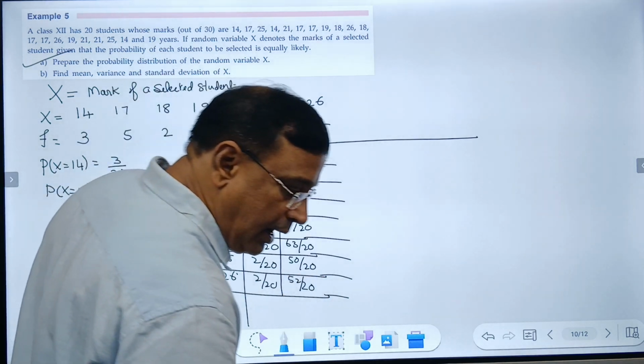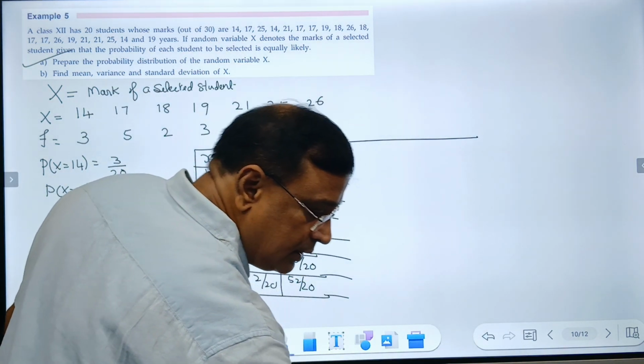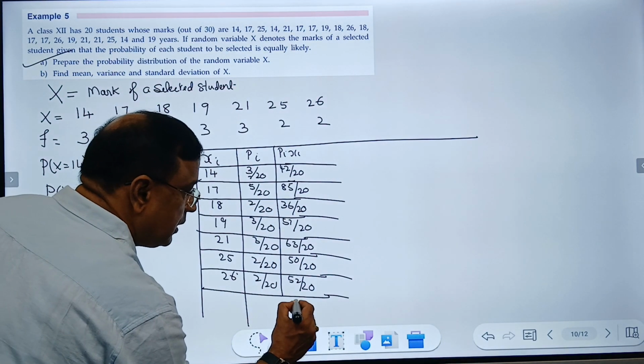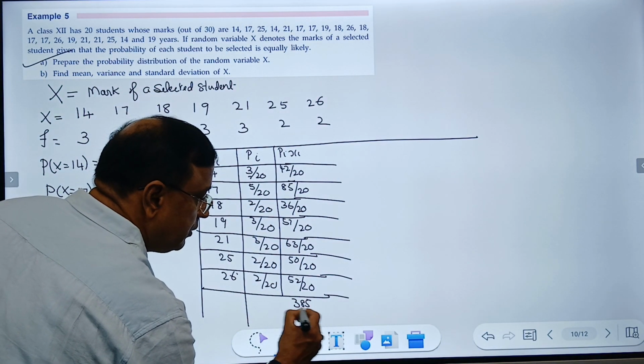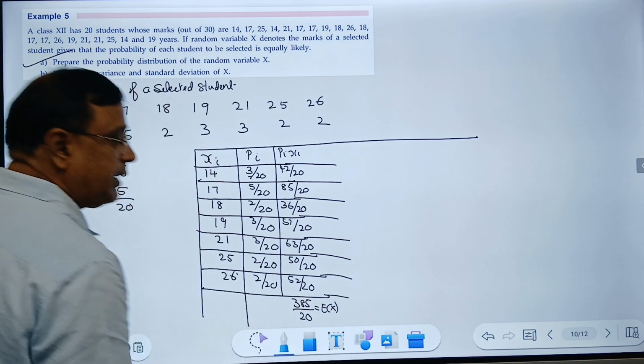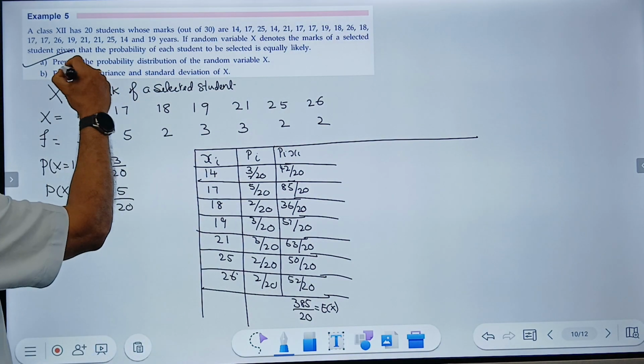Adding them up, sigma pi xi is 385 by 20. This is my mean.